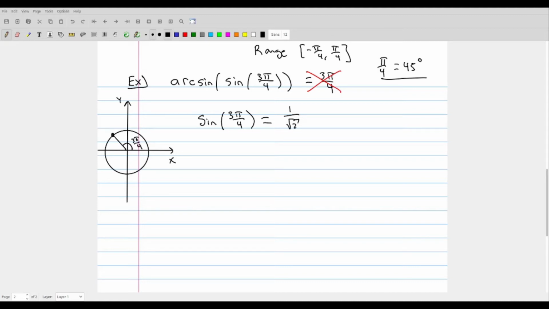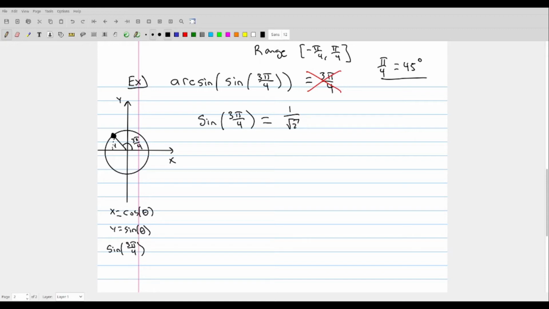Remember, this is the unit circle, so on the unit circle, x equals cosine of theta, and y equals sine of theta. So sine of the angle 3 pi over 4 is the y coordinate of this triangle, just like cosine of 3 pi over 4 is the x coordinate.